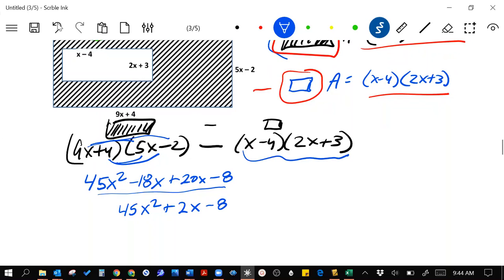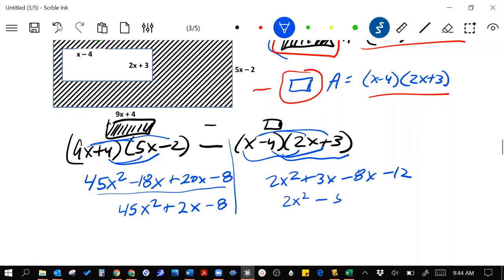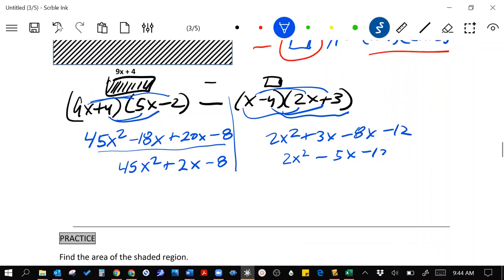Now I'm going to do this part before I subtract: x times 2x is 2x squared plus 3x minus 8x minus 12. Let me check my numbers again. That's a 2 for the square, that's a 3x, here I have 4 times 2 and negative 4 times 3 and negative. Okay, that works. So this one's 2x squared minus 5x minus 12.